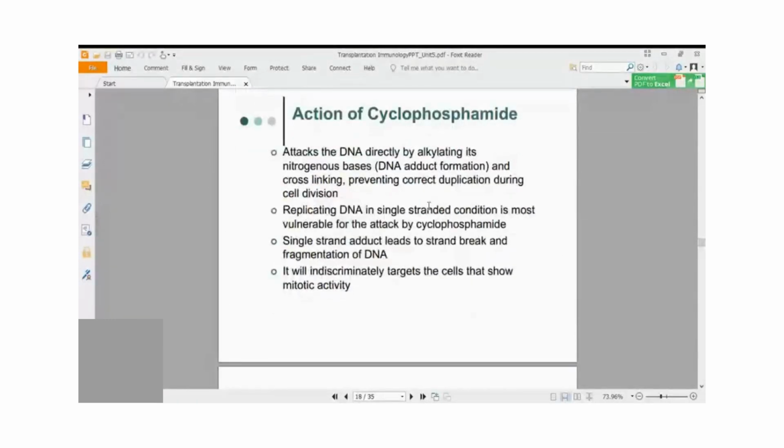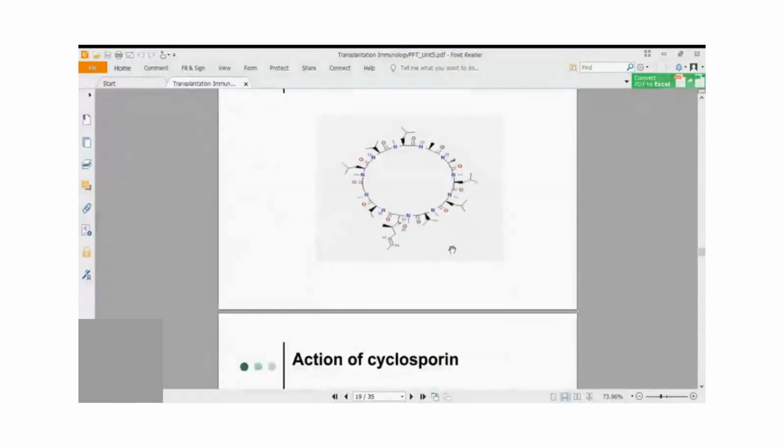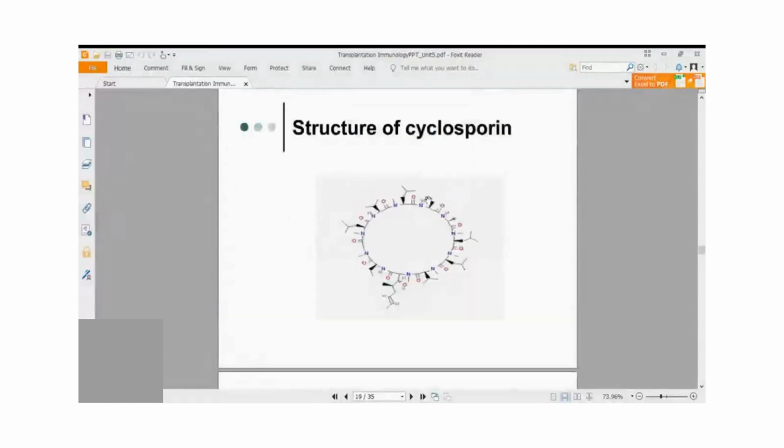So next we'll talk about cyclosporin. Cyclosporin A, it is called, capital A, cyclosporin A, a wonder drug. It is a peptide of 11 amino acids, and since it looks cyclical, it is called cyclosporin.